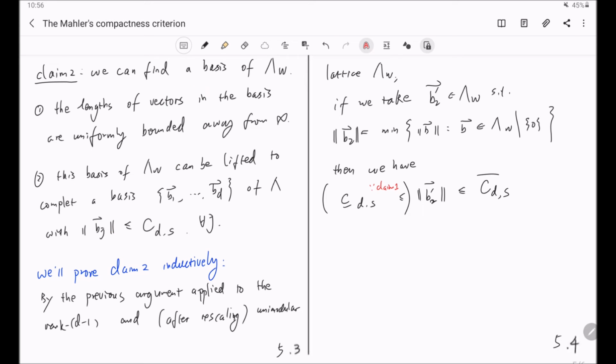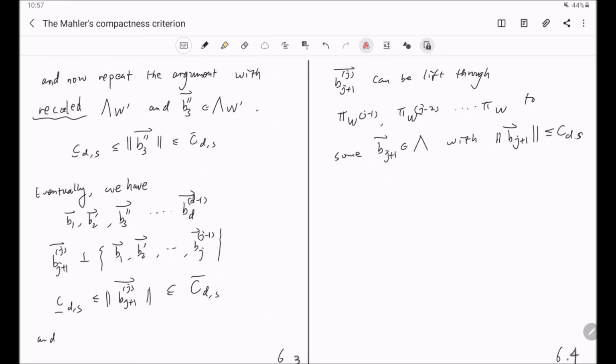We can now find the basis of lambda sub w, and by lifting those vectors, we can lift those d minus 1 vectors to a basis of lambda sub w, and that further lift to a basis of lambda.